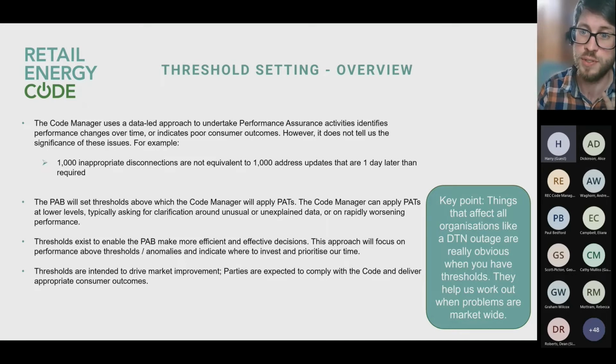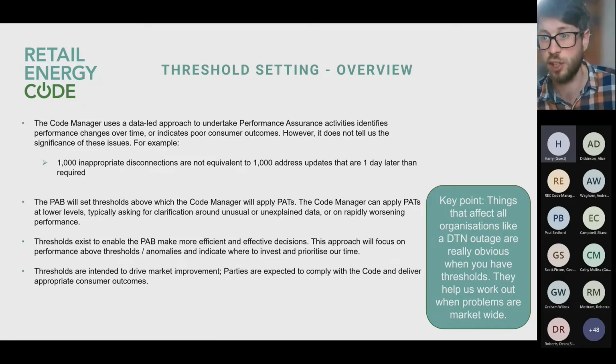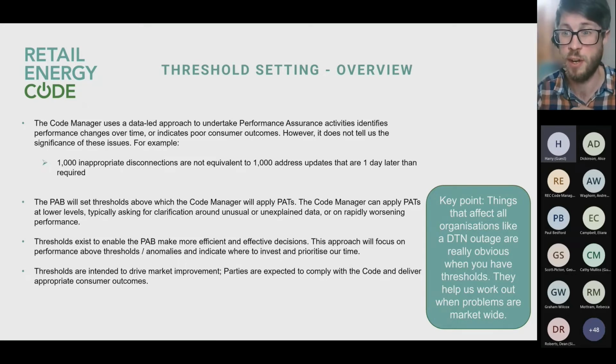These thresholds are really about the behavior of the PAB and the code manager. They help us make much more efficient decisions, and maybe they're a bit like in your business a delegated authority framework, where the PAB are telling us if these criteria are met, go off and work out what to do instead of always coming back and waiting for us. This should make us more efficient, easier to talk to the PAB about things, and a bit quicker to resolve certain things.